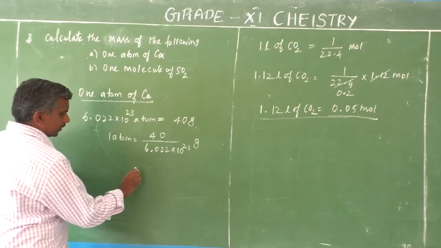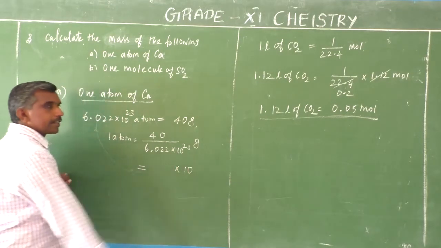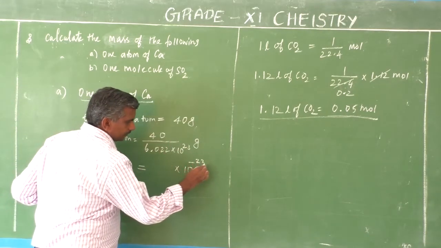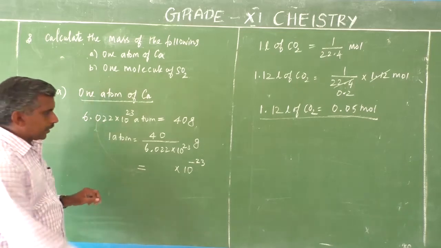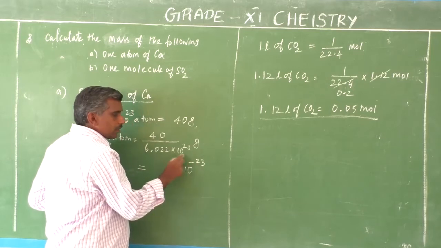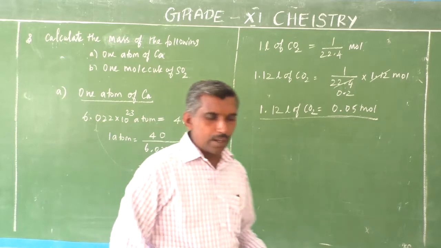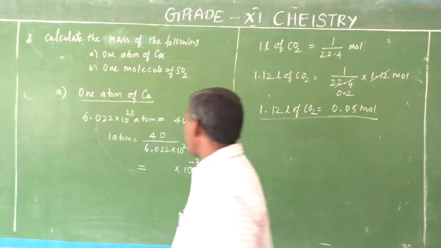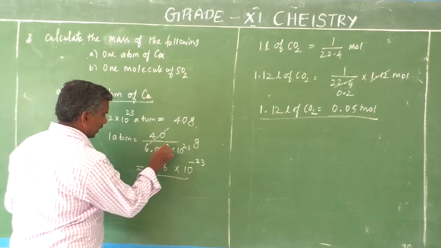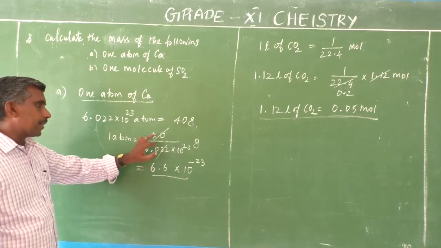Okay, now listen. The 10 power 23 in the denominator is converted into the numerator, changing the sign: 10 power minus 23. Now 40 by 6.022 is about 6.64; you do it as homework, how to divide this.